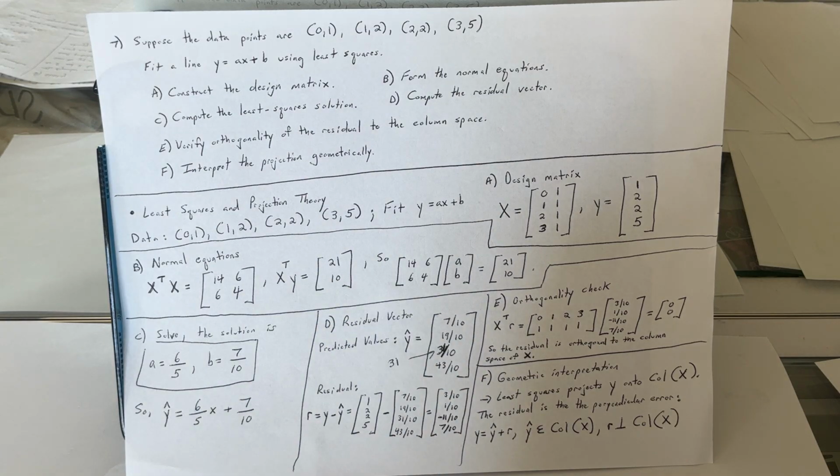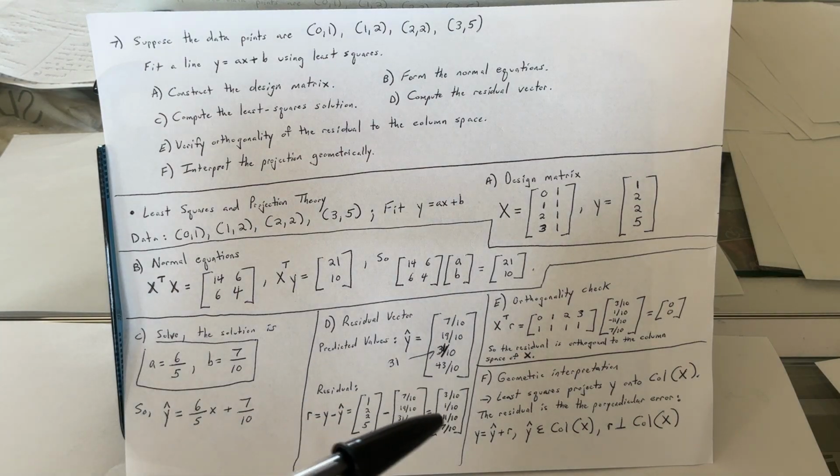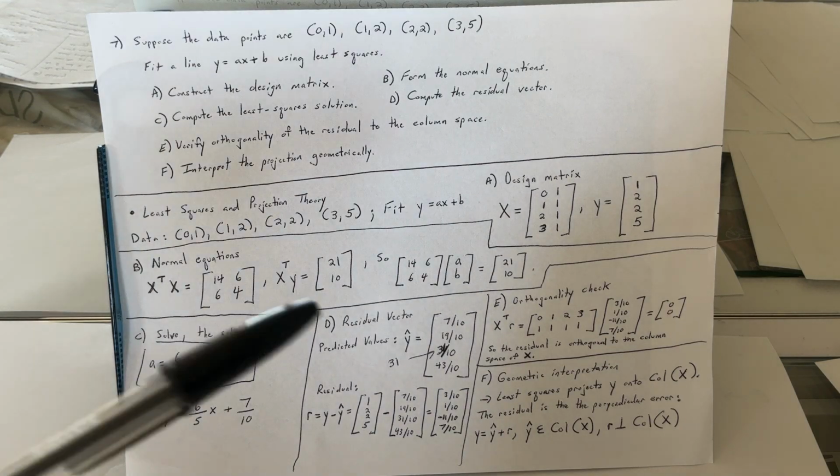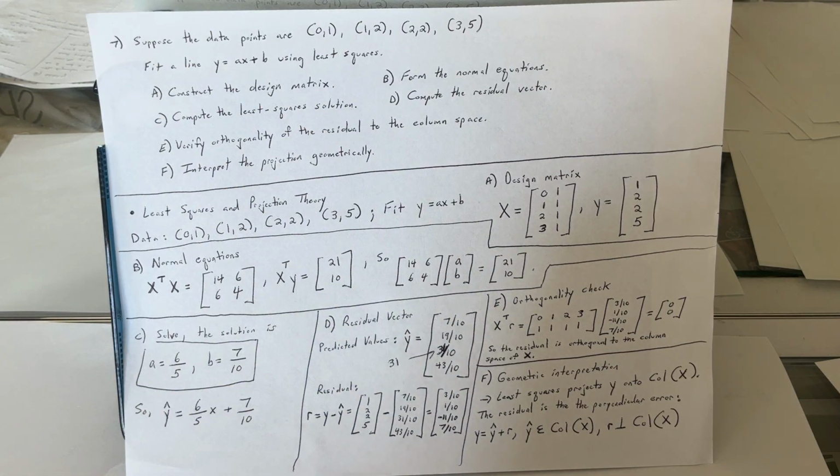Residual vector, so the predicted values y hat equal 7/10, 19/10, 31/10, 43/10 for that column. And then the residual is r equals y minus y hat, column 1, 2, 2, 5 minus column 7/10, 19/10, 31/10, 43/10. So that yields this column 3/10, 1/10, negative 11/10, 7/10. And for part E, the orthogonality check.